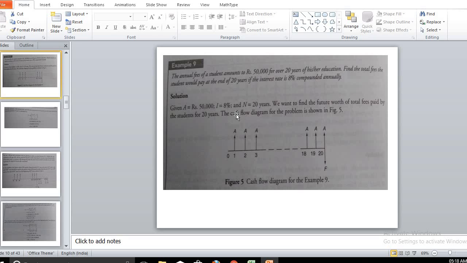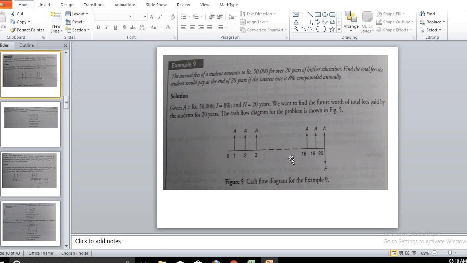So the fee amount is 50,000 for 20 years, and how much should the student pay at the end of the 20 years at an interest rate of 8% compounded annually?